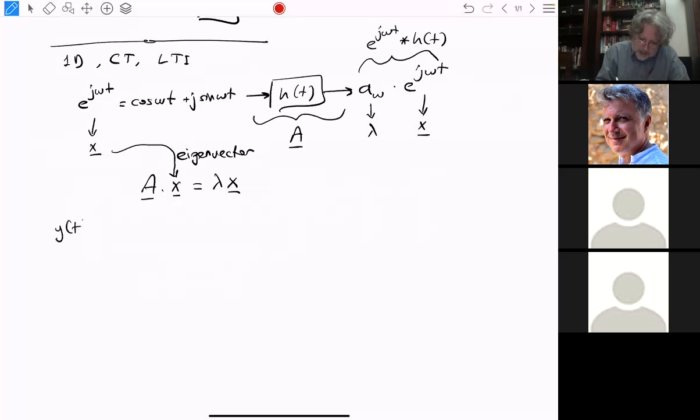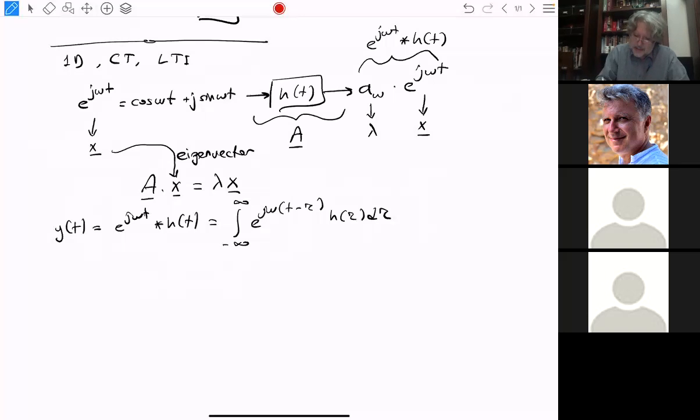So y of t is equal to e to the j omega t convolution h of t, which is from minus infinity to infinity, e to the j omega t is the x of t, x of t minus tau I'm going to write, which is e to the j omega t minus tau, then h of tau d tau. I can write it like this.